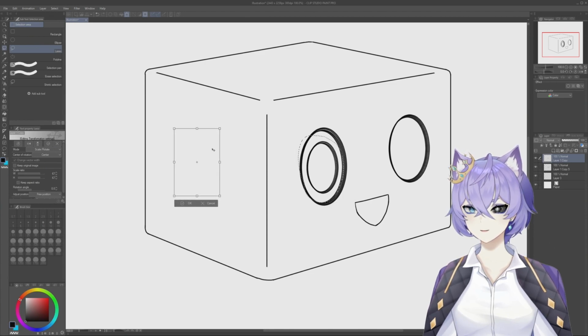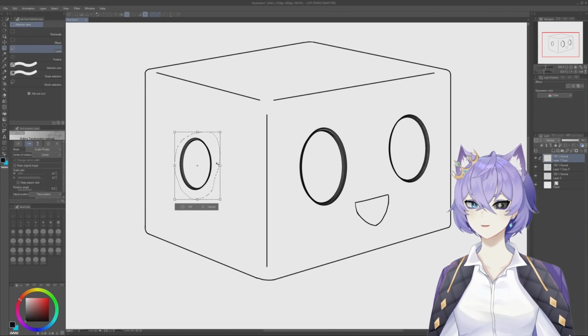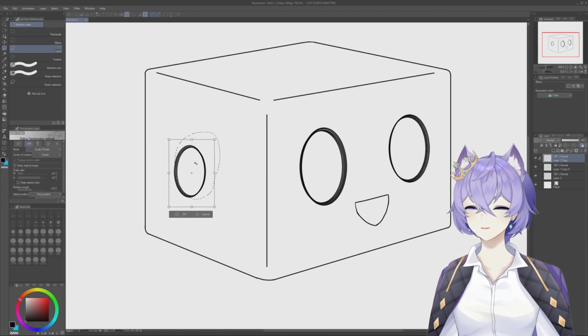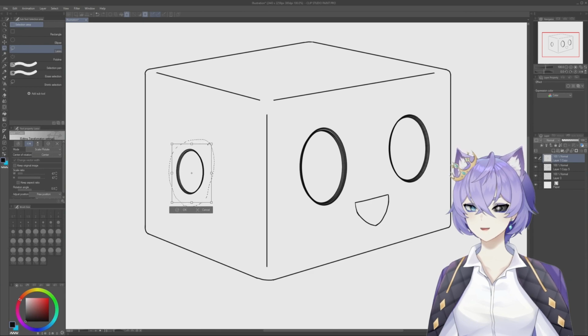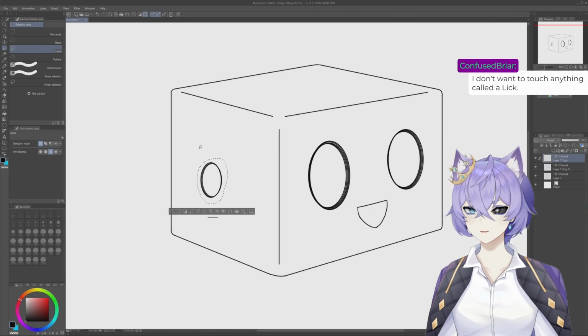Let's see. If I do this and then transform, flip horizontal. Now we have holes for things to be put into.